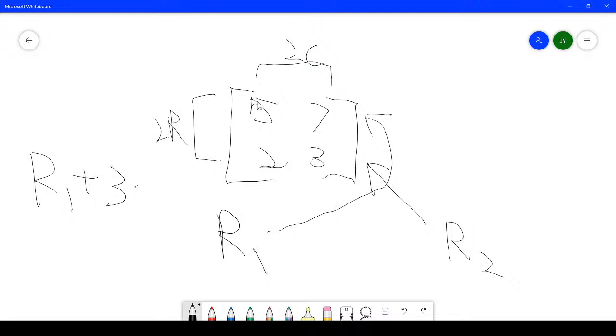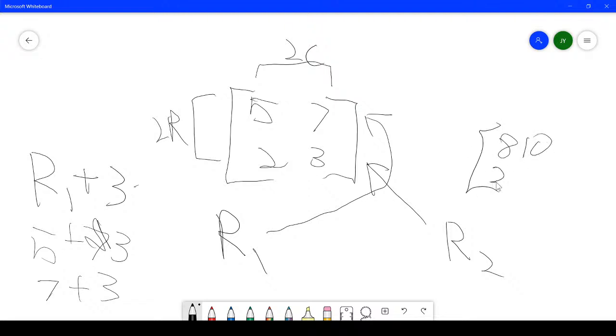Because row 1 refers to 5 and 7 both, you need to add 3 to both. So it's like 5 plus 3, then 7 plus 3. So effectively, this would become 8, 10.